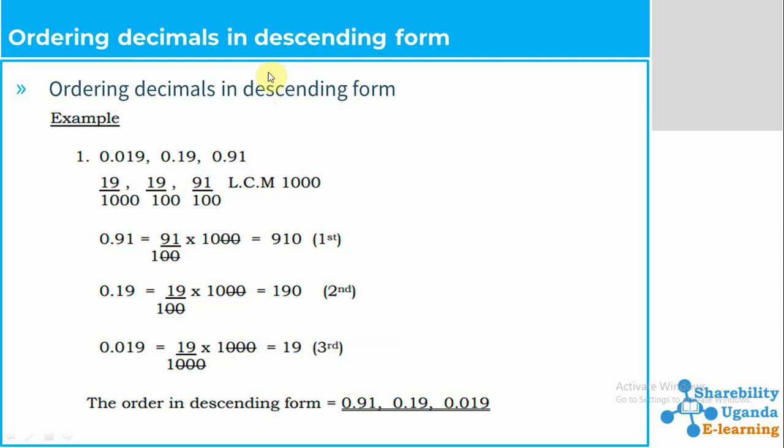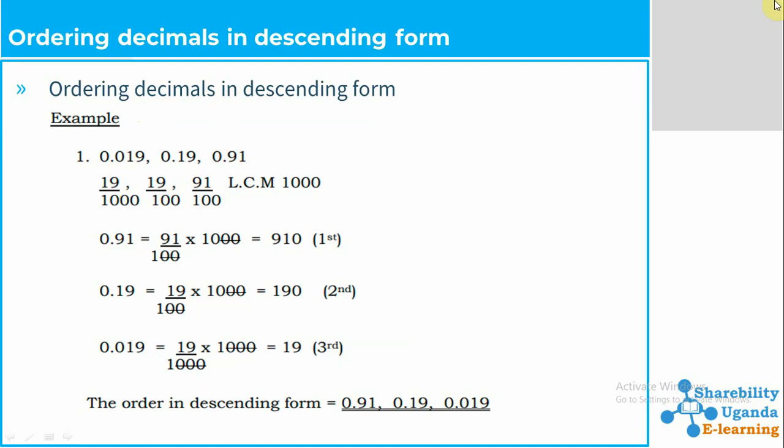Alright, so in this we want to look at a variety of examples as given here. You can see this is our example 1. We want to see, if they tell you to arrange this from the biggest to the smallest, how do we do it? So we shall start with these numbers of ours.